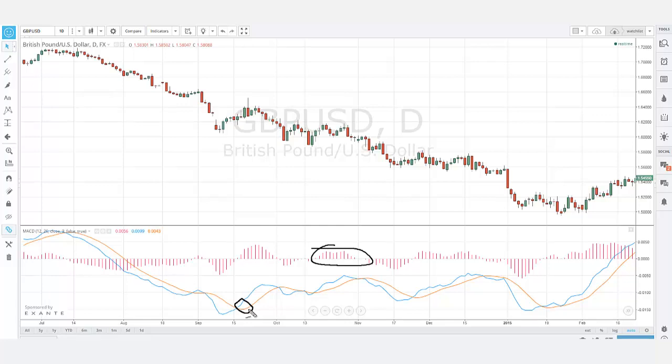In histogram terms, that translates into your histogram expanding as well. When your blue and orange lines expand, your histogram also expands. And when your blue and orange lines start to contract and get closer and closer to one another, your histogram starts to shrink as well. This is how the orange and blue lines correlate with the histogram.